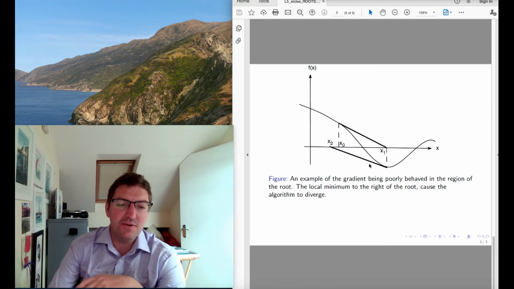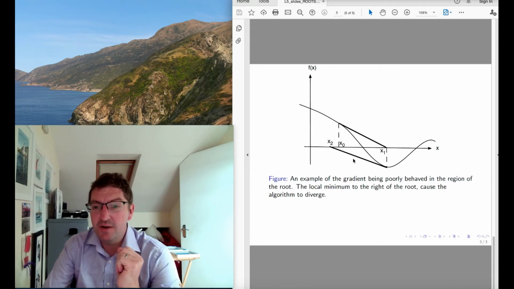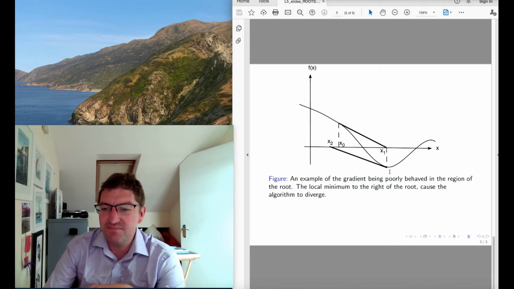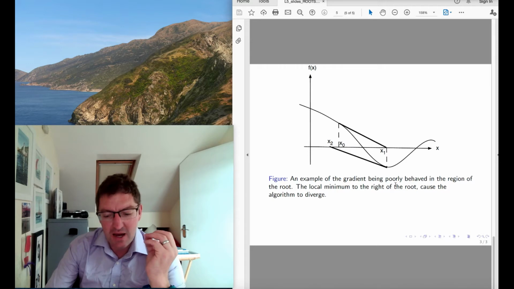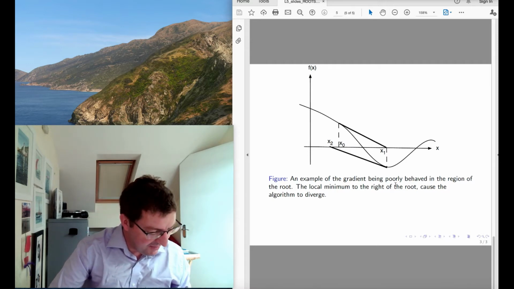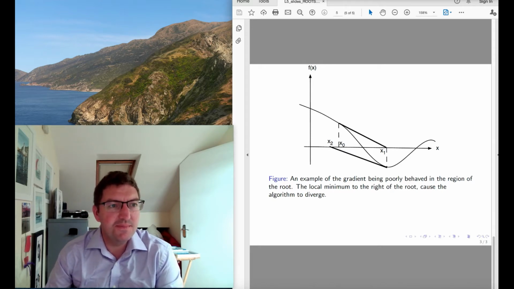There'll be other examples of this in the tutorial you do on root finding. It's a really nasty example of it not working. So that's our motivation: we're looking to prove this expression in terms of f double prime and f prime. Let's move over to the board.